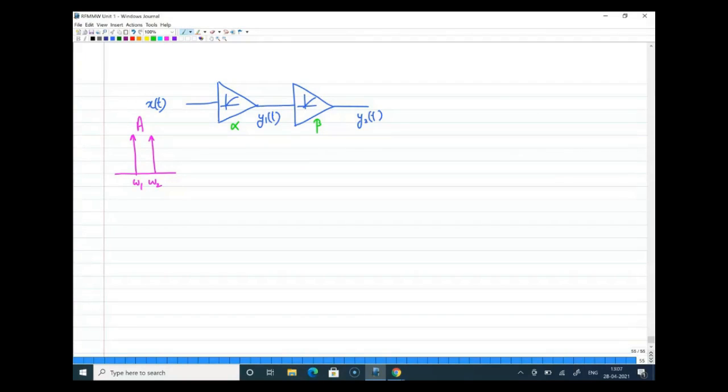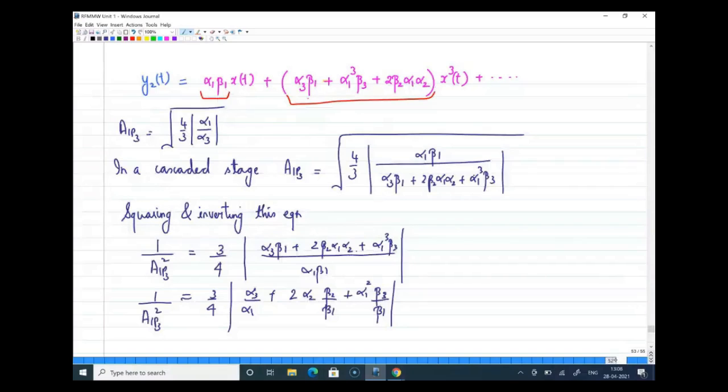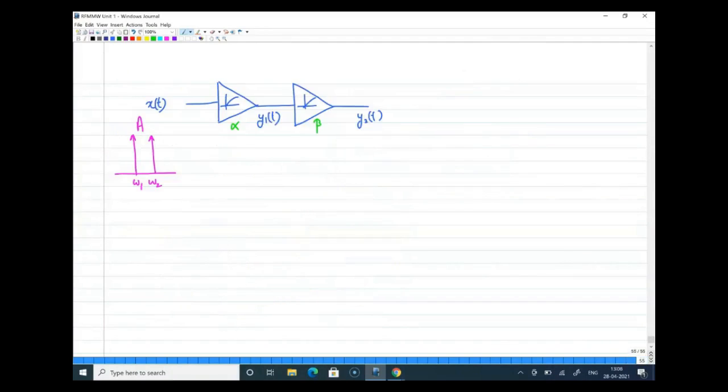Can you draw what will be the output of the first stage? We will again look only at the relevant components, which can contribute towards the calculation of IIP3, because if you try to draw all the components, it will be a total mess. When I say relevant components, I am referring to the expression I have written here. Can you try in 1 minute?